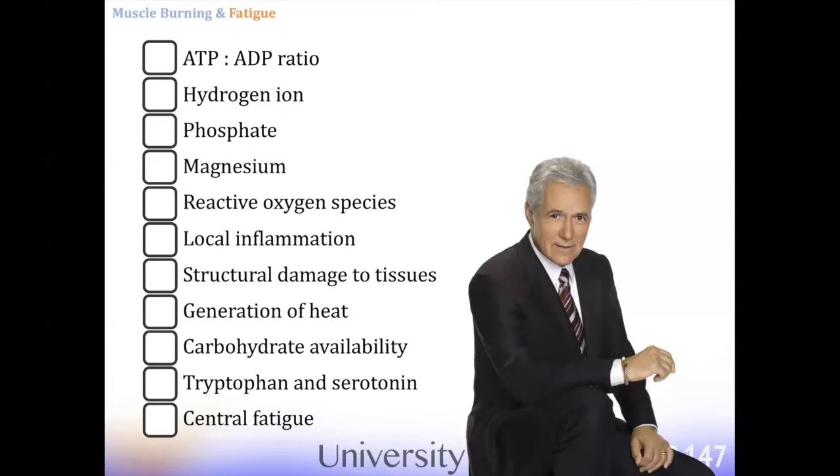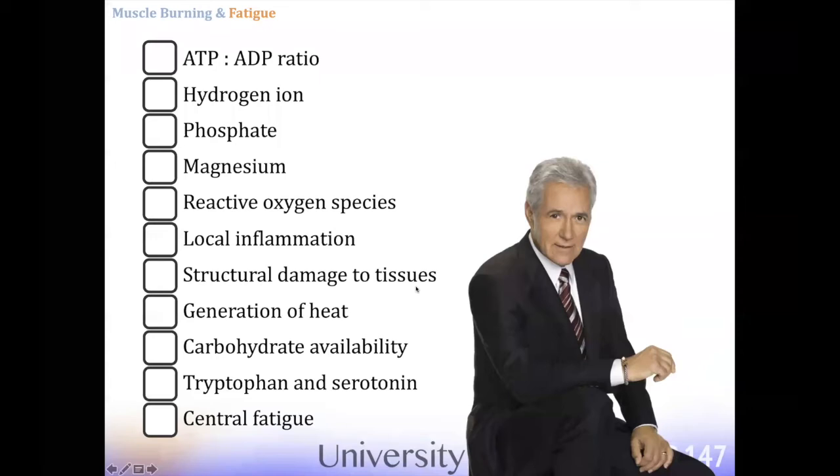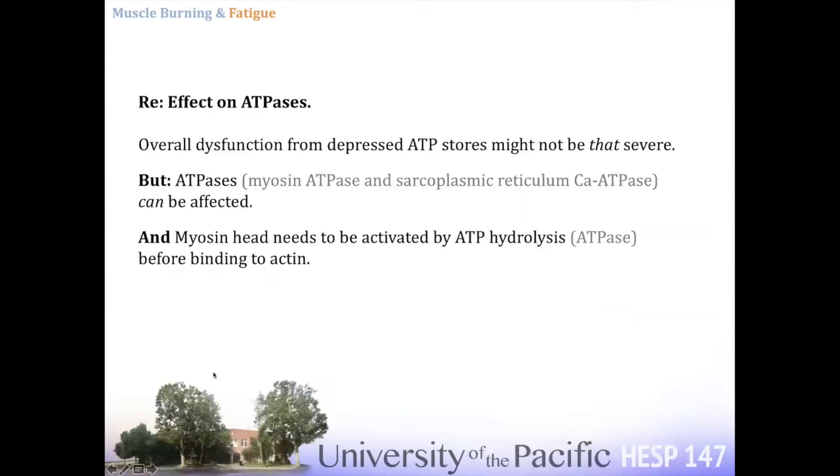But that stuff's weird. Structural damage to tissues is very simple. I'll give you 2 slides on that. Then generation of heat, we'll talk about that, and carbohydrate availability. We've already done the tryptophan and serotonin one. Central fatigue is going to be for Friday, but we'll fly through a lot of this stuff.